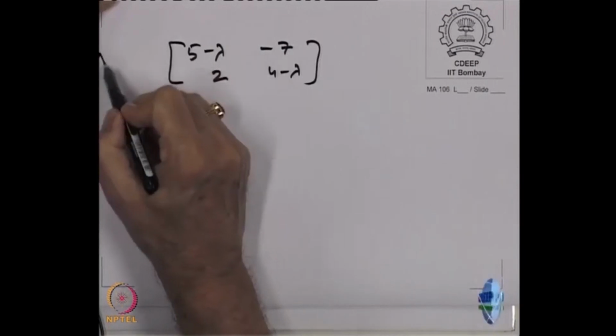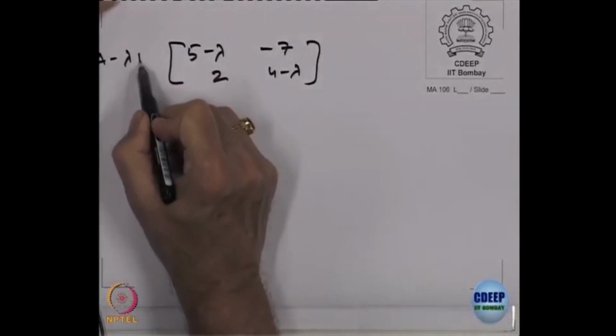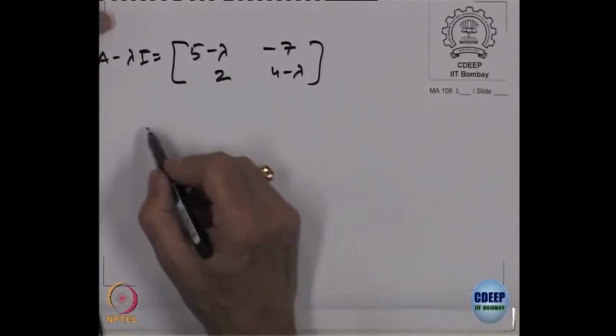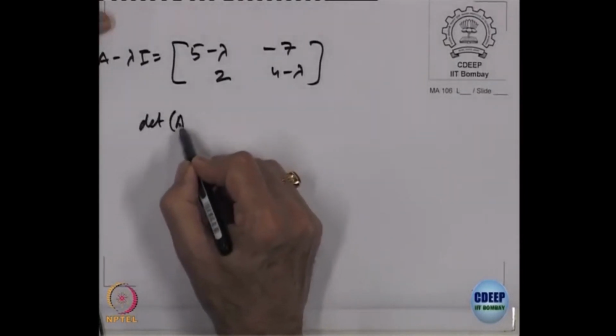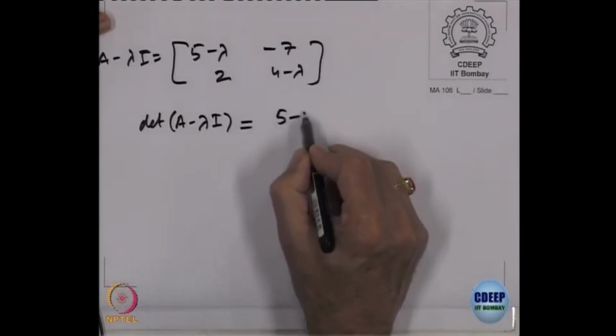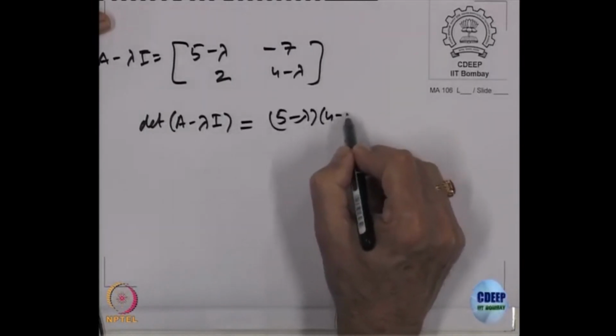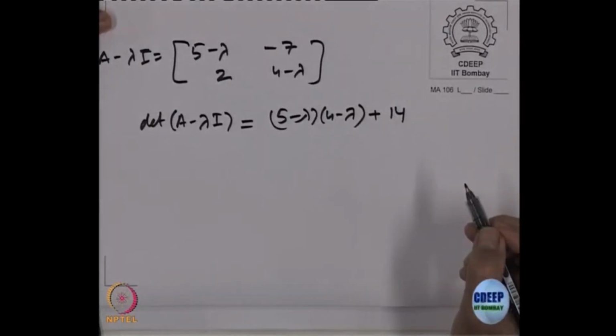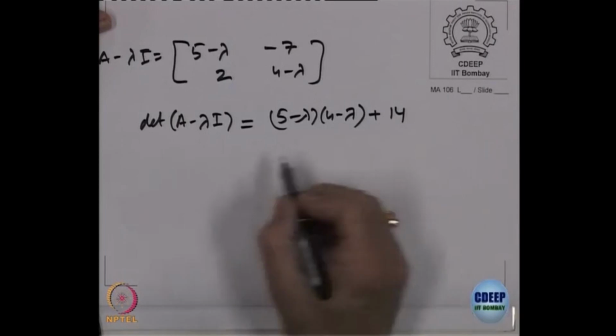So, that is A minus lambda I, right, this is the matrix. So, what is the determinant of this? That is 5 minus lambda, 4 minus lambda plus 14, right.